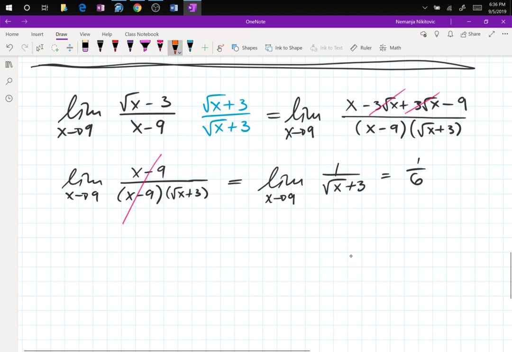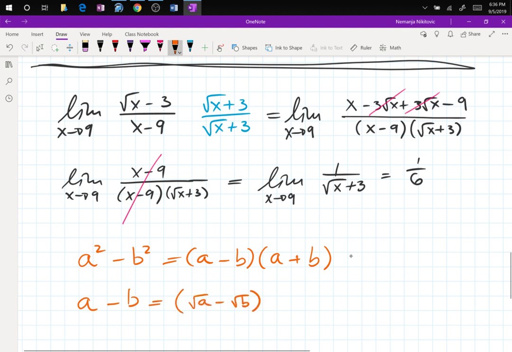What he suggested is, you know this formula, a squared minus b squared is a minus b times a plus b. This is the formula that you learned as difference of squares in your algebra classes, right? Now, you can actually have a minus b, and you can factor that one into root a minus root b, root a plus root b. That's okay.